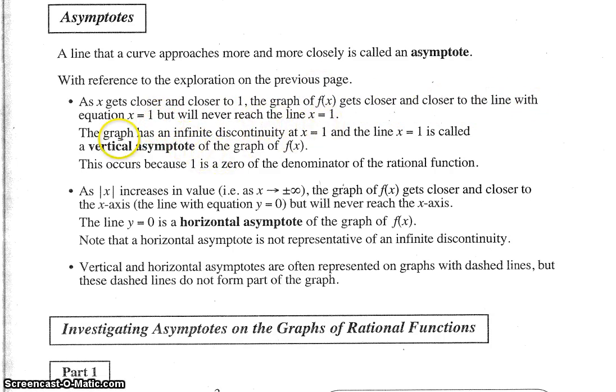So this is a situation where we have an infinite discontinuity at x equals 1, and therefore the line x equals 1 is called a vertical asymptote of the graph of y equals f of x. And this occurs because 1 is a 0 of the denominator in the rational function. We had 1 over x minus 1, x can't equal 1.